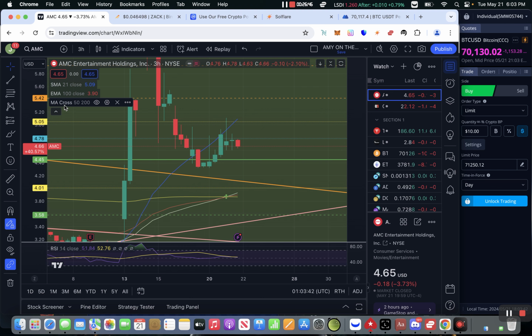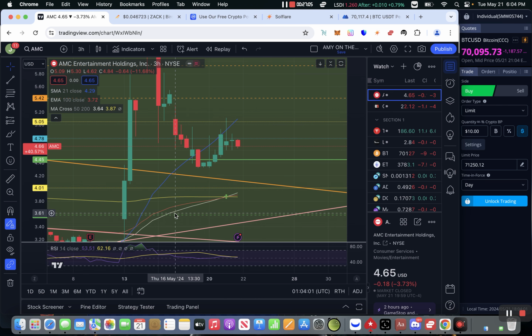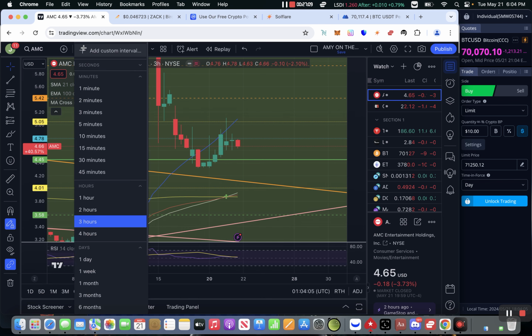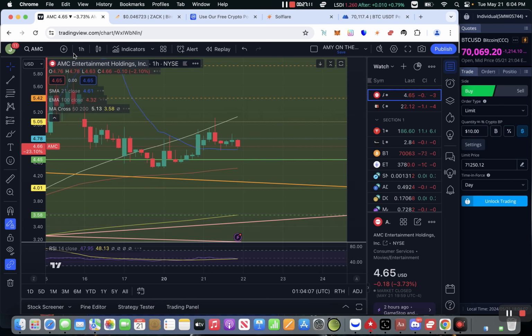The MA cross, 50 and 200, on the 3 hour. A week ago, this wasn't there. I was looking at this, and I believe we were here like a week ago, somewhere around here. I was thinking, okay, the 1 hour check, 2 hour check.